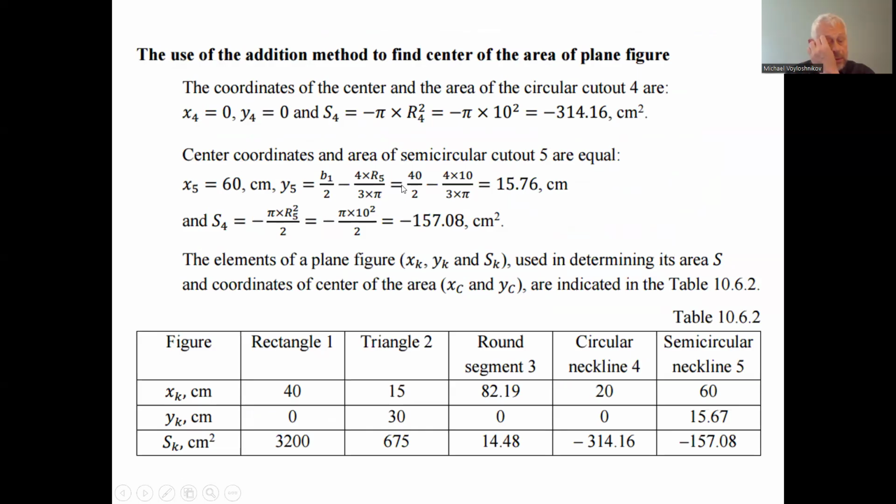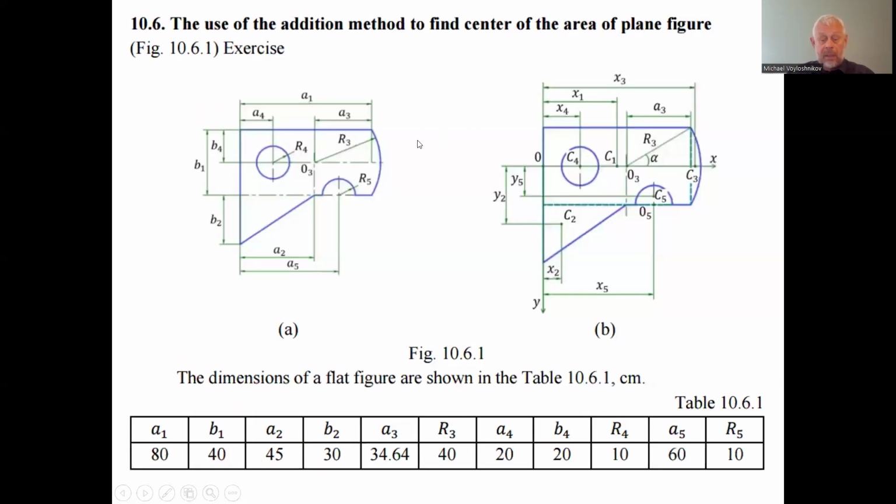Center and coordinate of the area of the semicircle cutout 5. It is definitely one case. The area is just half of this one, because it has the same radius but is a semicircle. But this cutout was a circle, and the abscissa we can find from the ordinate axis in the horizontal direction to the point C2, assigned x5.